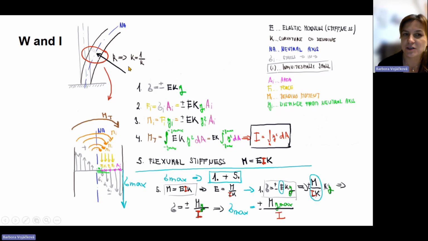The curvature is 1 divided by the radius of the curvature.